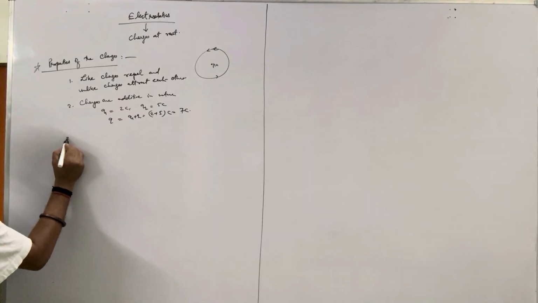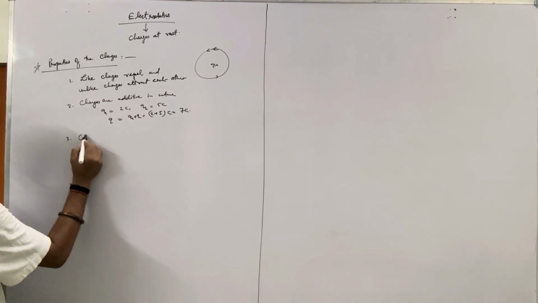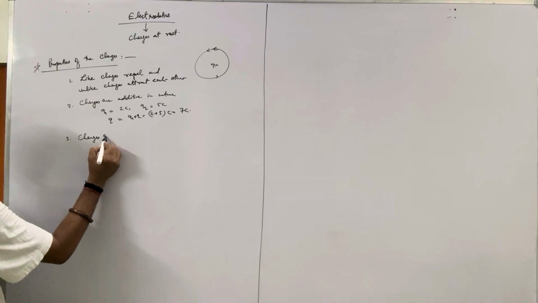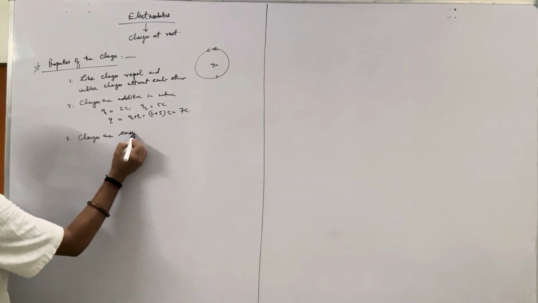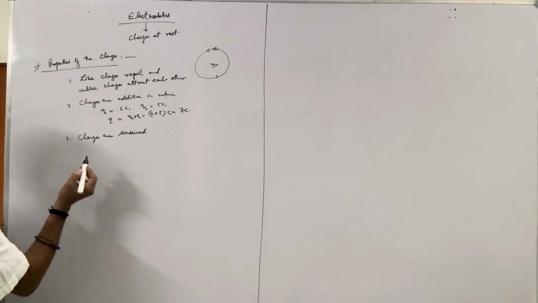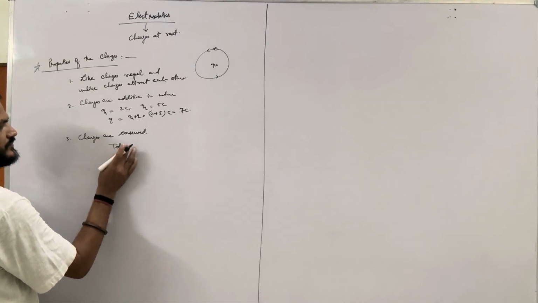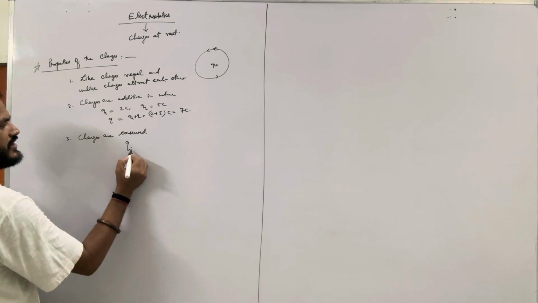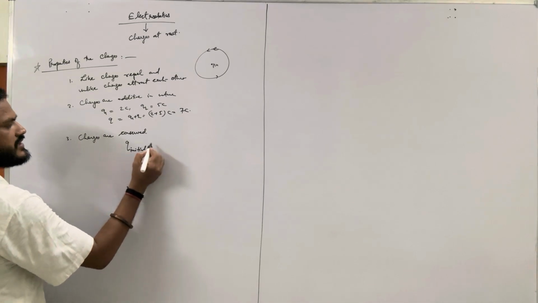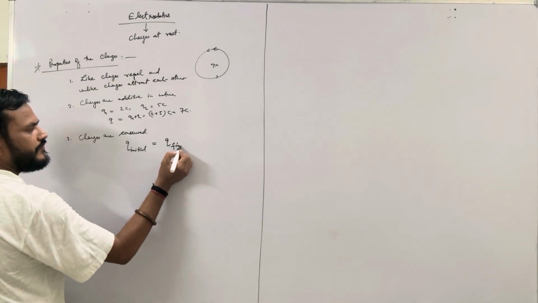Now the third property, guys, is that charges are conserved. That means total initial charge is equal to total final charge, that is Q initial is equal to Q final.